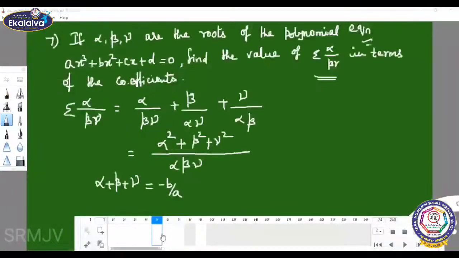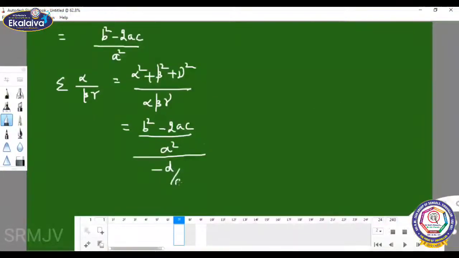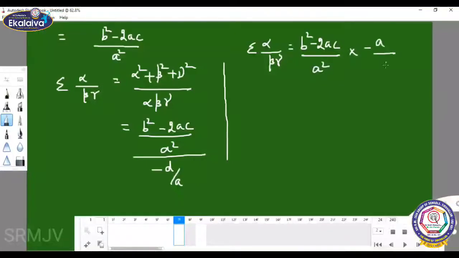Alpha beta gamma, the product of the three roots, equals minus d by a. So the final value: sigma alpha by beta gamma equal to b square minus 2ac by a square into minus a by d.